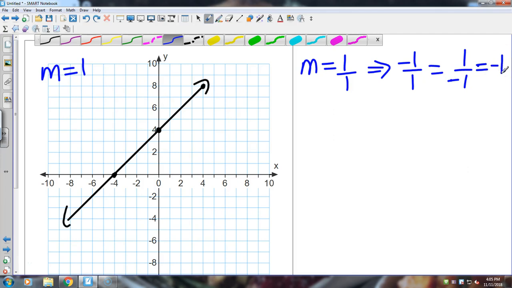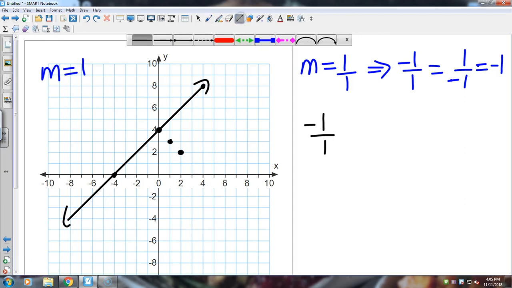Okay. So how could I find a line that's perpendicular to it? Well, I could start on any point on that line, and I'm going to pick this one right here, 0, 4, and I'm going to do a slope of negative 1, which, again, that's negative 1 over 1. So that's going to go down 1 and to the right 1, down 1 and to the right 1.